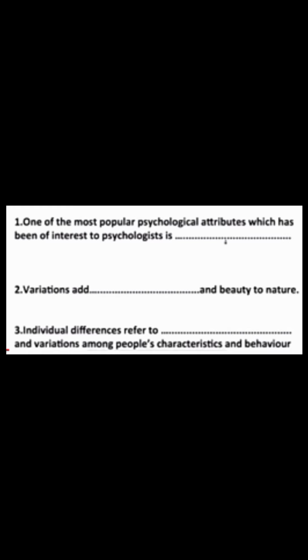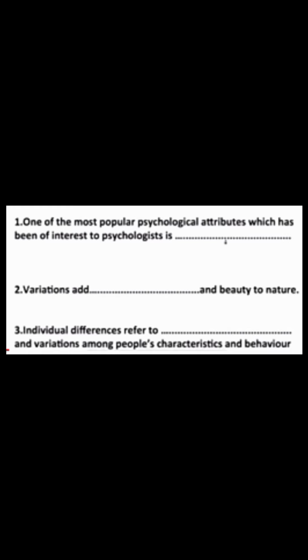So let's start. First statement over here which I have taken from your book is, one of the most popular psychological attribute which has been of interest to the psychologist is intelligence. Okay students, now I start the second statement. Variation adds dash and beauty to the nature.